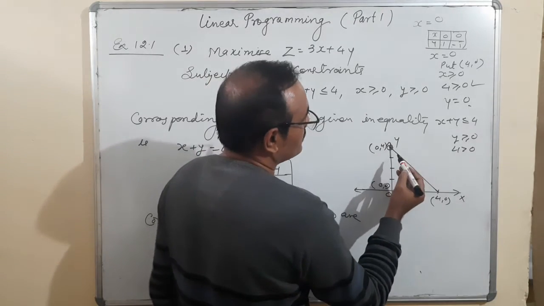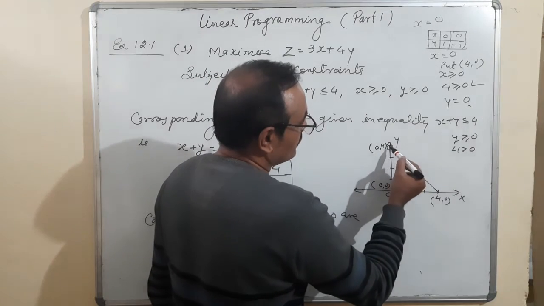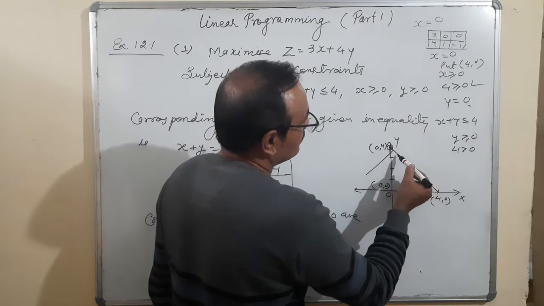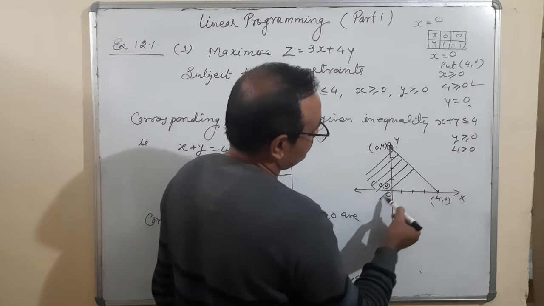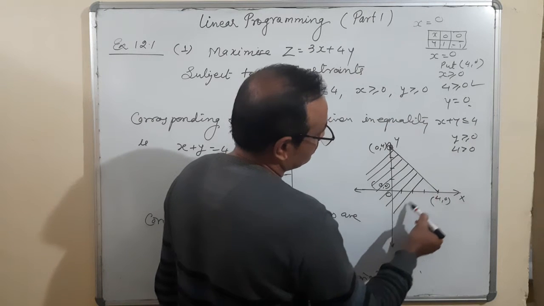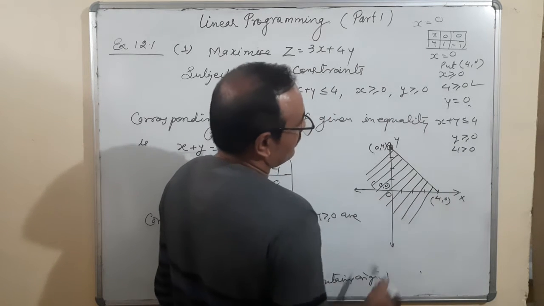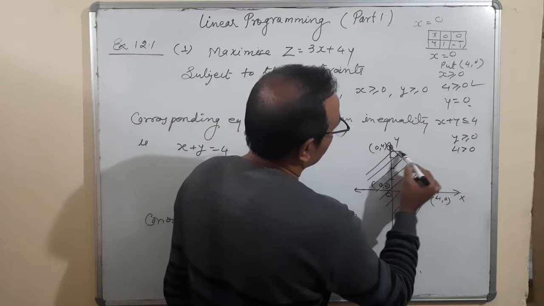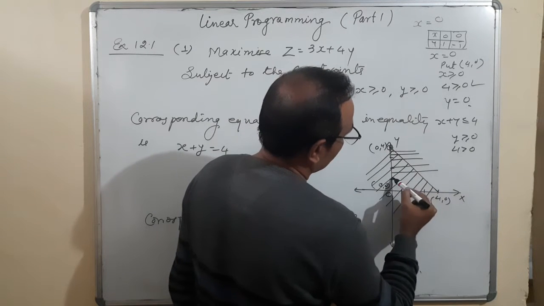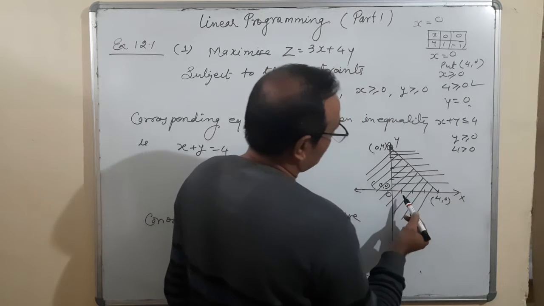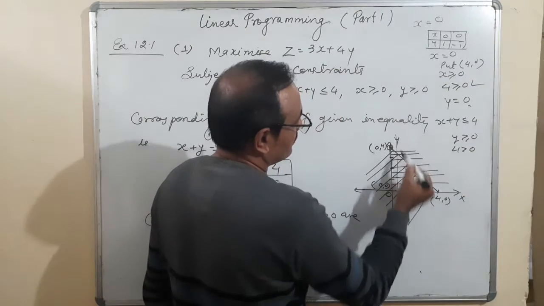So the feasible region is, actually we will use the term like this. First I will shade like that. And here for this line, it is upside.